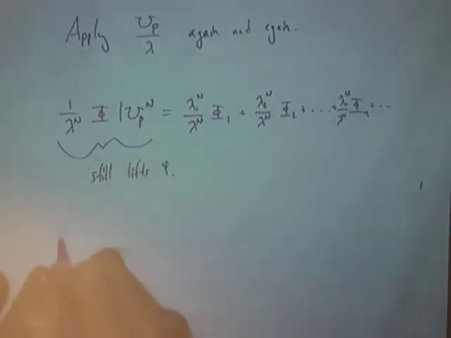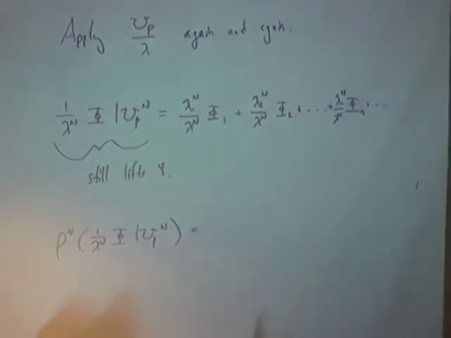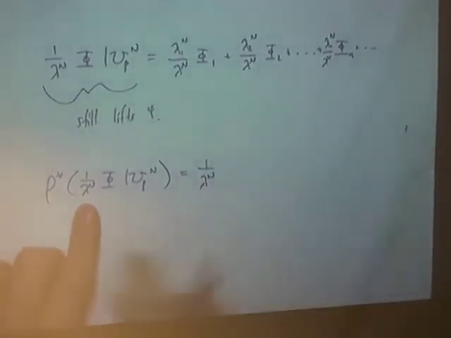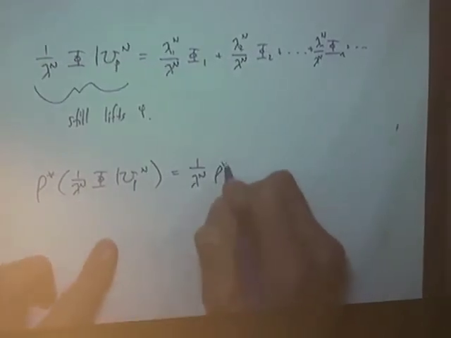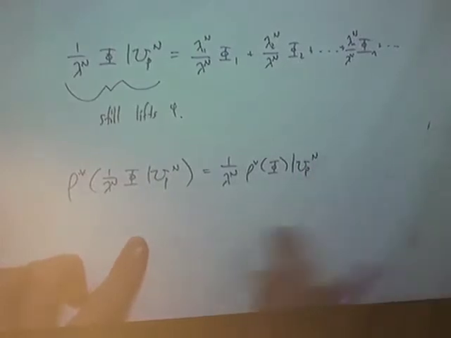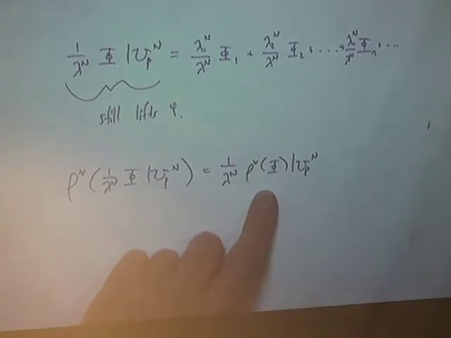So I want to check that this lifts phi, so let me apply the specialization map to the left-hand side. The specialization map certainly is linear, so I can pull out that constant, but it's also Hecke equivariant, so I can pull out the UP to the n. So this is the same as specializing phi, but phi was chosen to be a lift of little phi, so I just get back little phi.